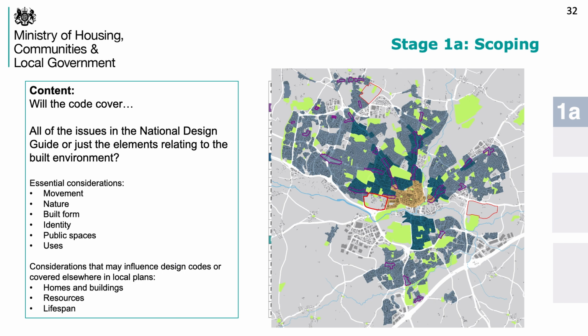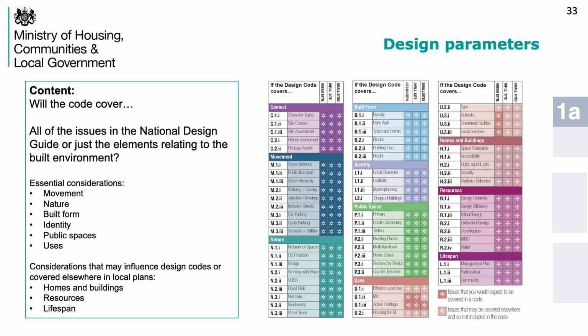The next question is about the coverage in terms of content. As Jane has indicated, the National Model Design Code follows the same 10-point structure of the National Design Guide, but it may well be that not all of those points need to be included in your design code.